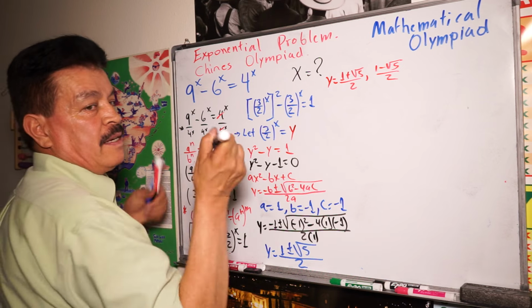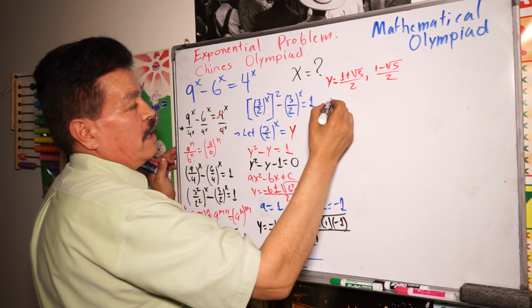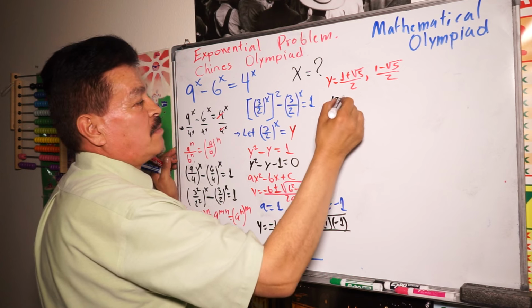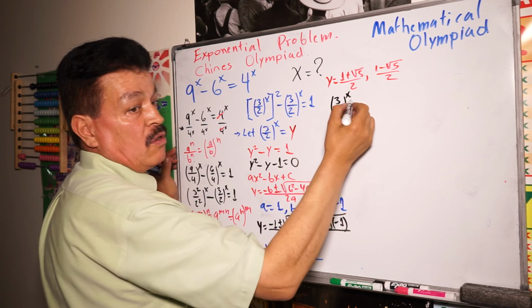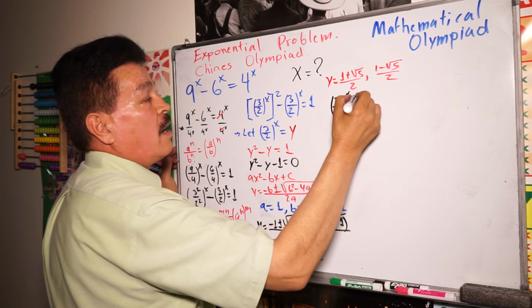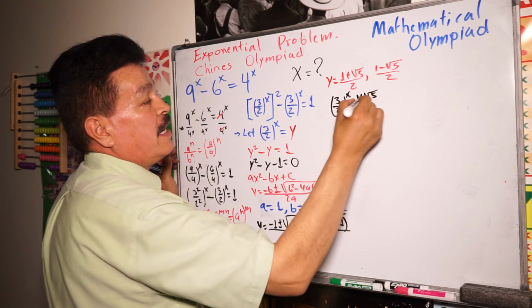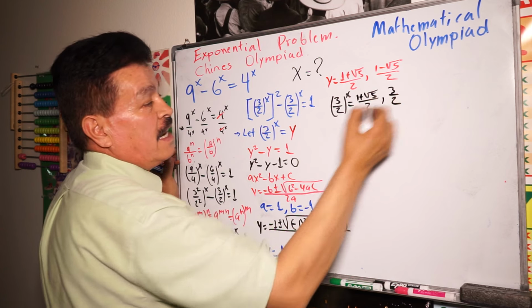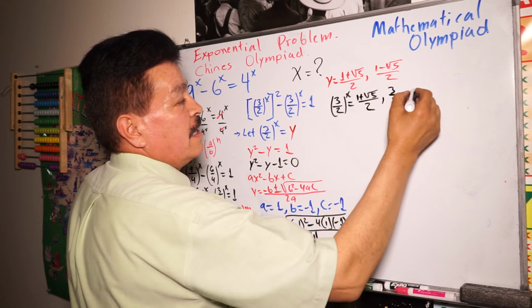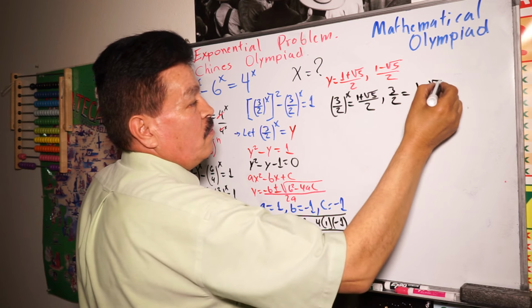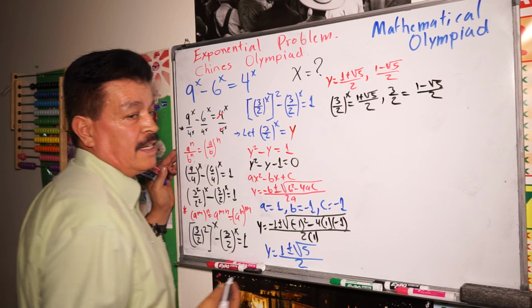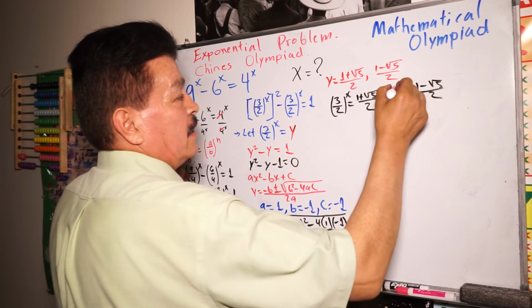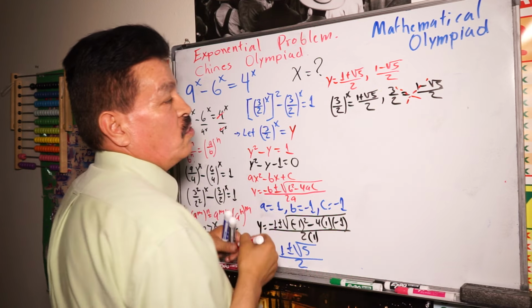So next step here, we are going to have 3 divided by 2 to the x power equals, look at this number, 1 plus square root 5 divided by 2, and then 3 halves equals 1 minus square root 5 divided by 2. Okay? All right, so next step, you multiply these.